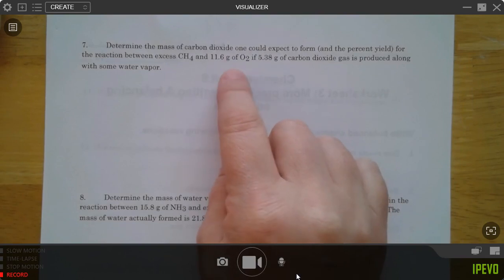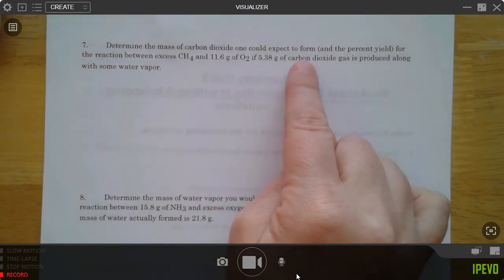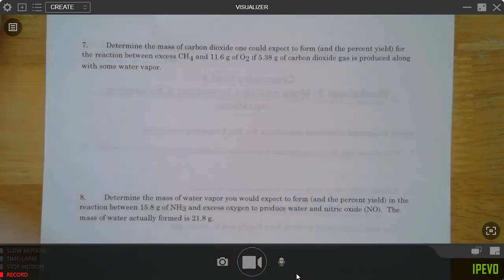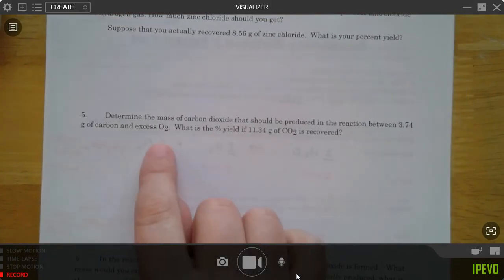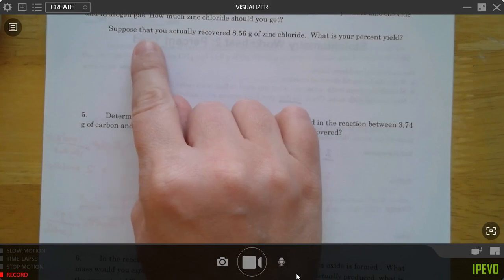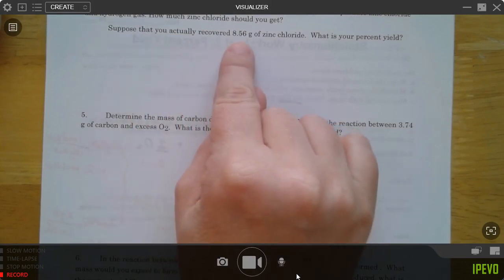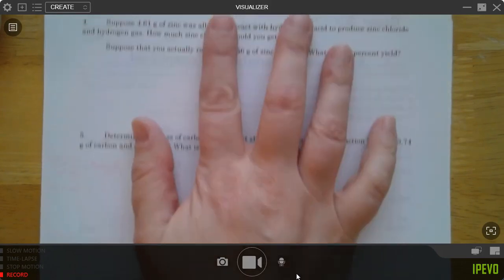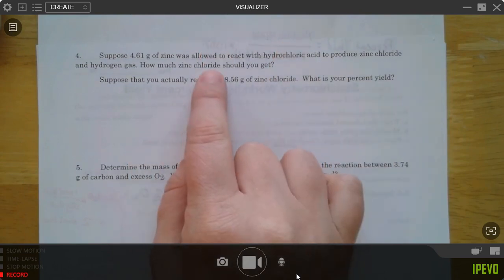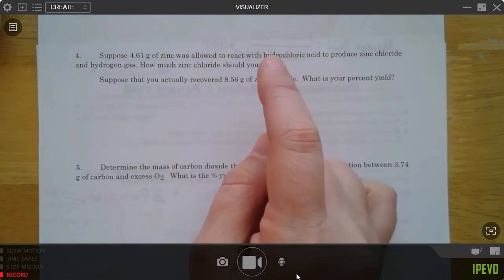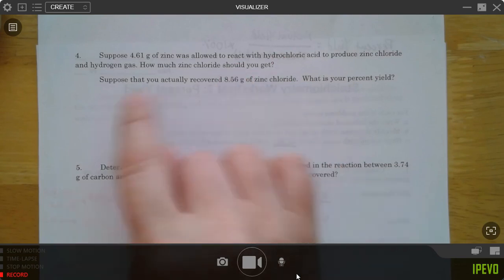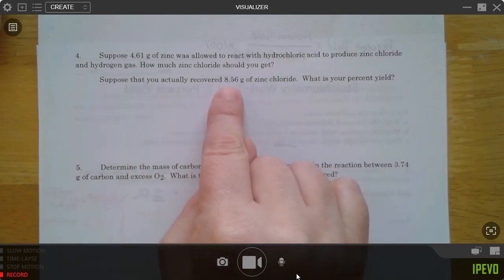So there are problems on the back that ask you to come up with the percent yield for something. So starting with problem number 4, it says suppose you actually recovered this many grams. So what you're going to do is use your BCA chart to figure out how many grams of zinc chloride you should get. And then you're told you actually get a different amount. And you're going to use those two numbers to figure out your percent yield.